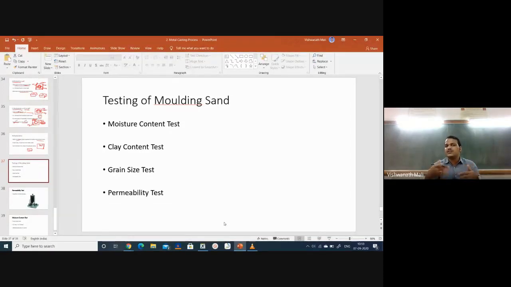By experience we will get to know whether this sand is capable of being used again or not. Because if you take any clay and heat it, its color changes. When we reuse it repeatedly, its color changes again, and once it reaches a saturation limit, then we will stop using it.